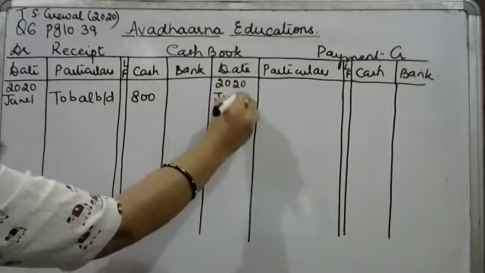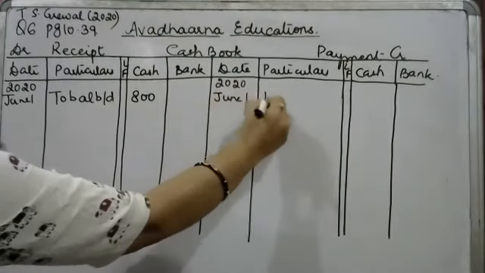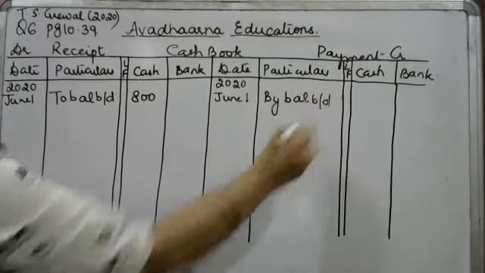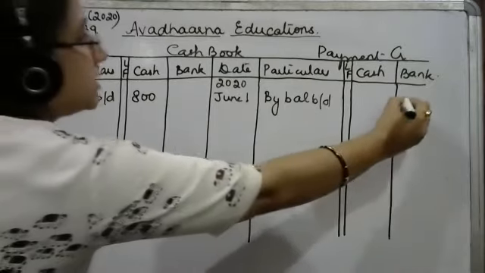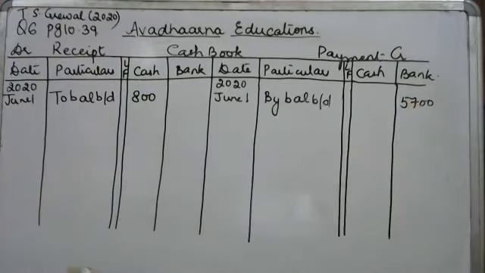It's on June 1st, then By Balance Brought Down, and since the bank balance has got a credit balance, so we are going to write 5,700 on the credit side of the bank column.